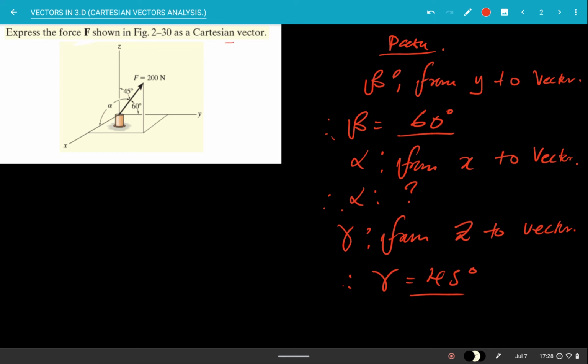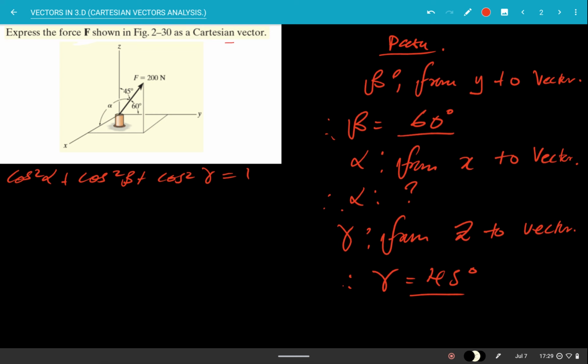There is a formula which says cos squared alpha plus cos squared beta plus cos squared gamma is equal to what? 1. So we're going to use this equation to find the missing angle, which is alpha. So be mindful that every time they ask you to convert a given vector into a Cartesian vector given the directional angles, make sure that you find all the possible angles.